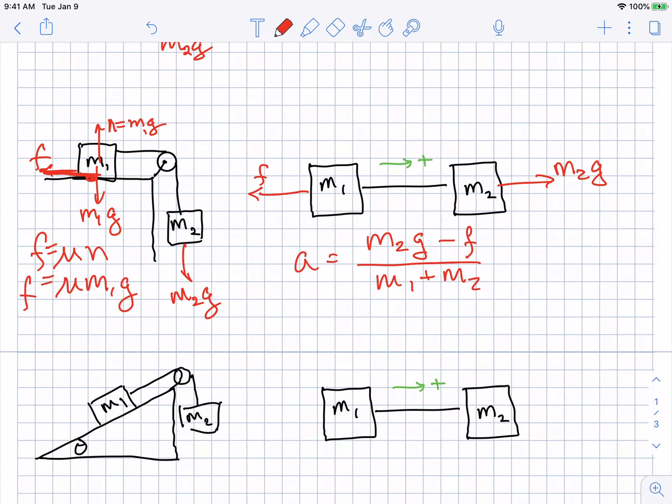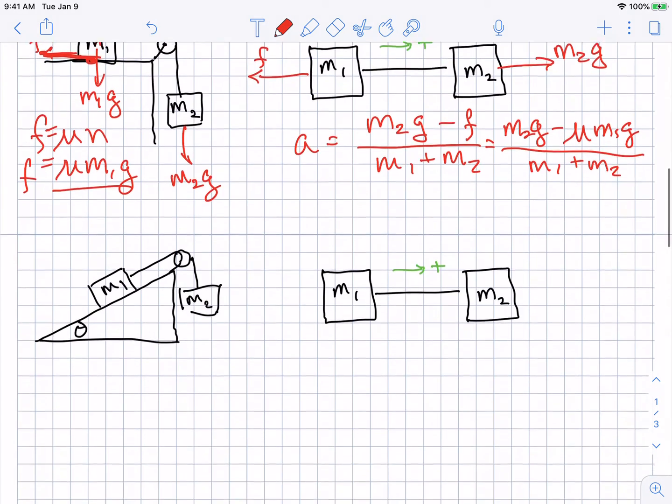So I can use this expression in my equation to go to the very final part. By adding friction, it's going to slow things down, so it's in the negative direction. And then by substituting mu M1G for this friction, I get this final value over here. So pretty simple, pretty simple.